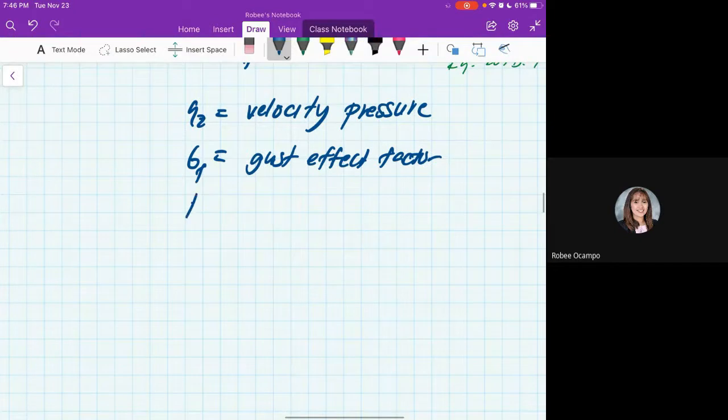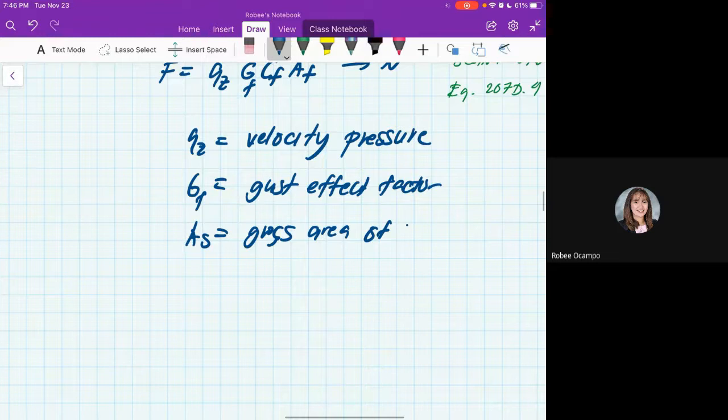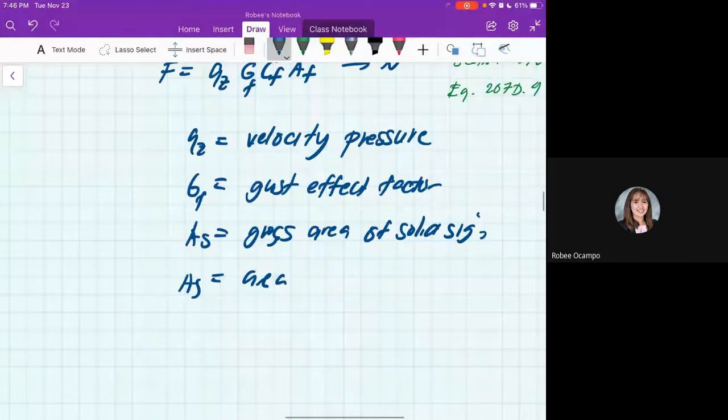Our AS is the gross area of the solid sign. The AF is the area projected normal to the wind.